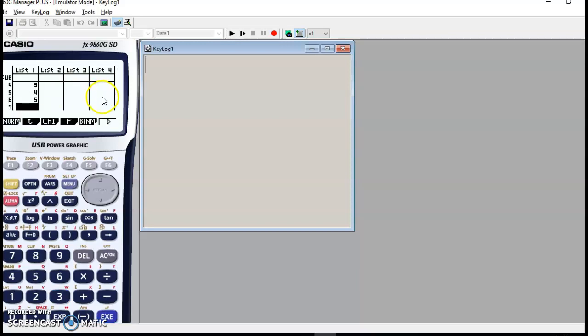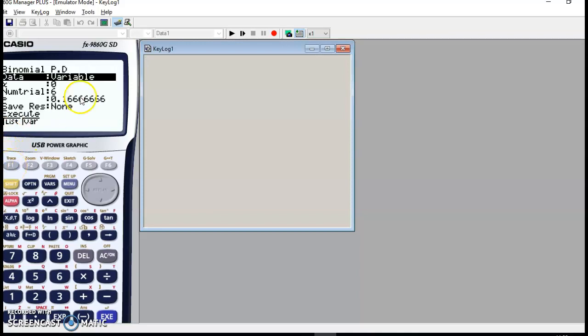These are the options we have. Binomial distribution F5, and we'll look at the individual probabilities for each. We're going to use a list this time, and the number of trials is 5.